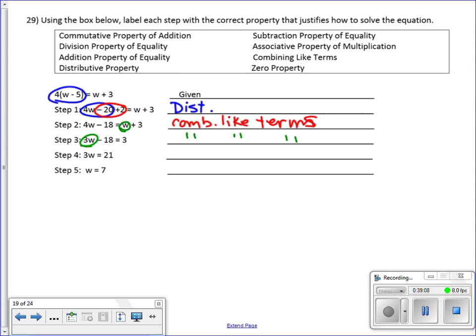Now we're going to do our additive inverse by adding 18 to both sides here. So this is an additive inverse, so we have to look and see which one goes along with that. In this case, it's going to be the addition property of equality, because I can add to both sides and I still get the same thing.